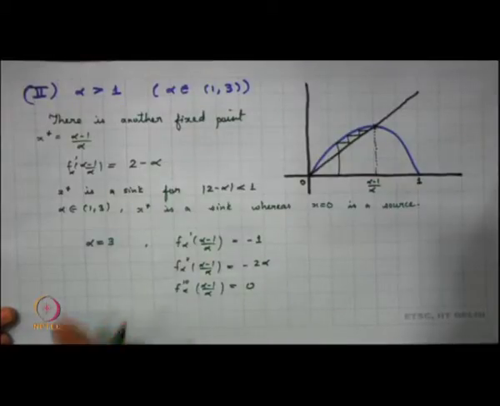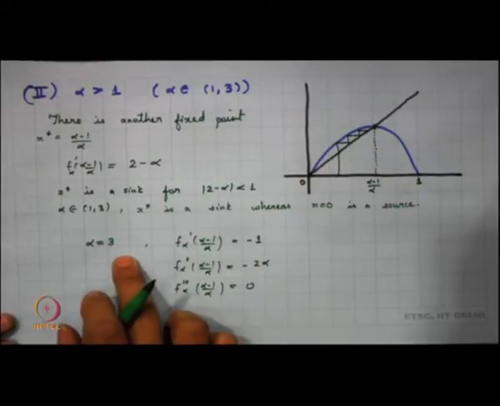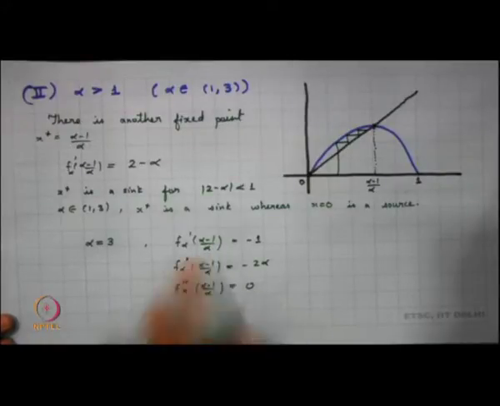So, we find that when alpha is equal to 3, this fixed point x star is non-hyperbolic, but the derivative is equal to minus 1.